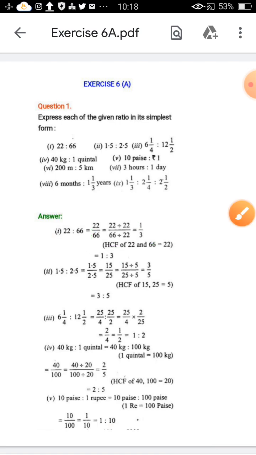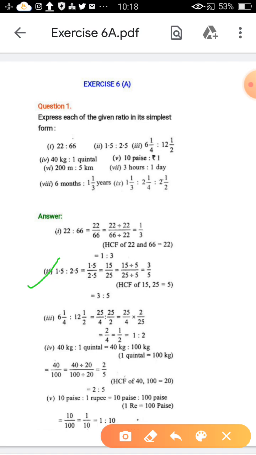Now we will see another example which depends on the decimal point. See now, 1.5 as to 2.5, which is equal to 1.5 upon 2.5. The first one is the numerator and the second one is the denominator. Now both have one decimal place, so we can shift the decimal one digit to the right, which will be 15 upon 25.